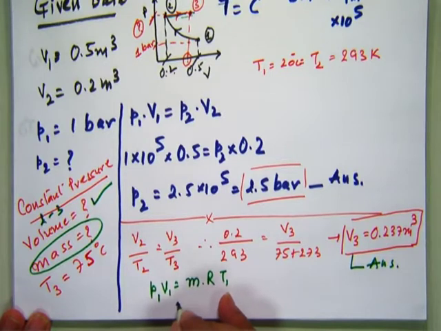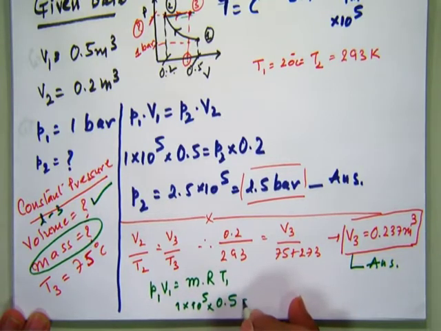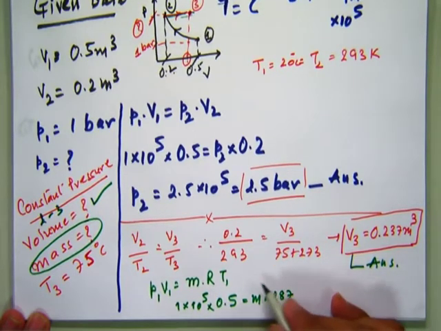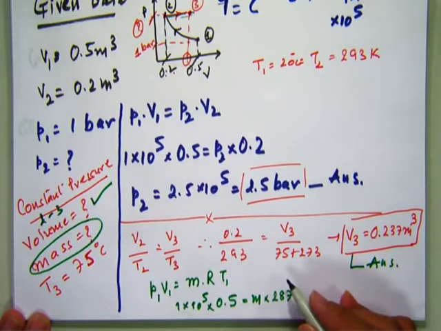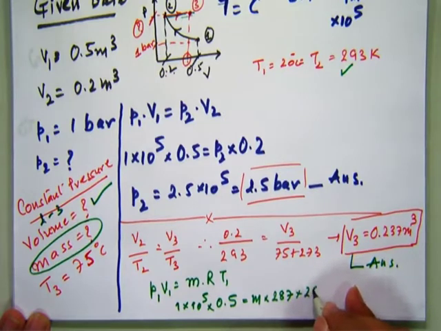P1 you have as 1 into 10 raised to 5. Volume at the beginning you have as 0.5, is equal to mass m, R is 287, temperature T1 at the beginning is given as 293 Kelvin.